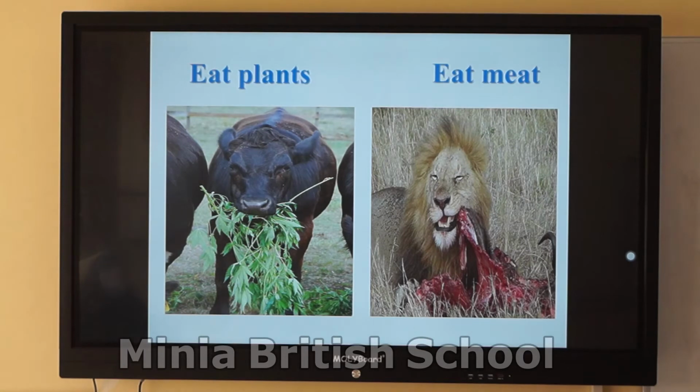In the other picture, I can see a lion eats meat, which means that there is a group of animals that eat meat. So, animals are different according to the food they eat. A group eats plants, and a group eats meat.